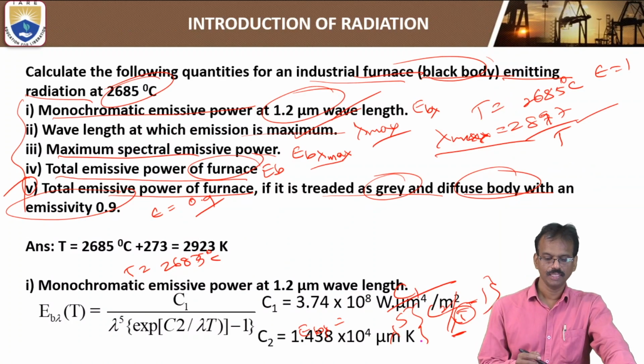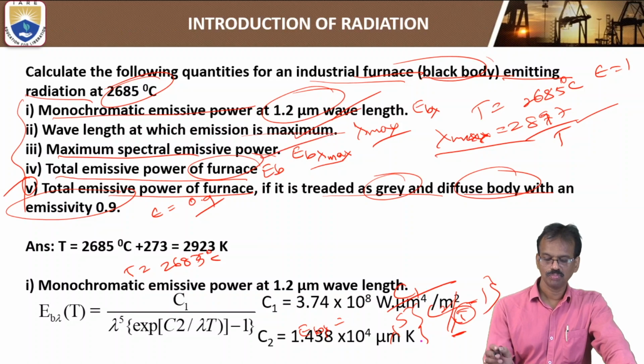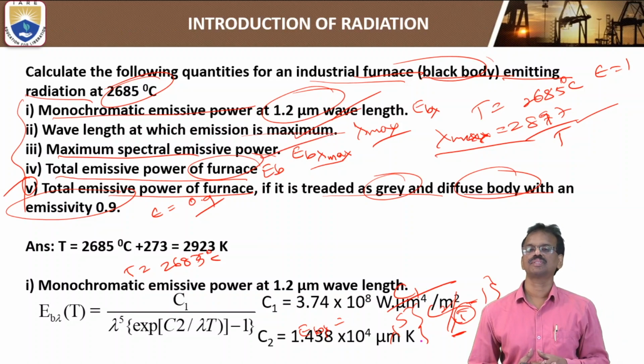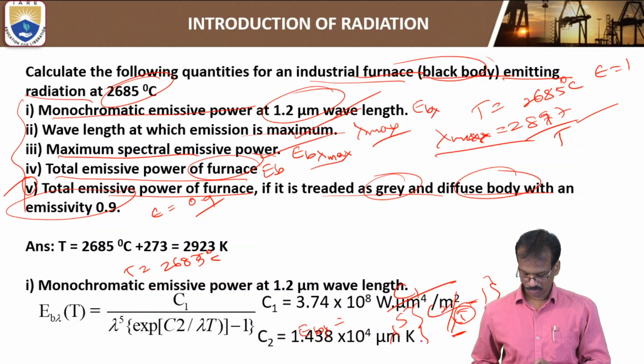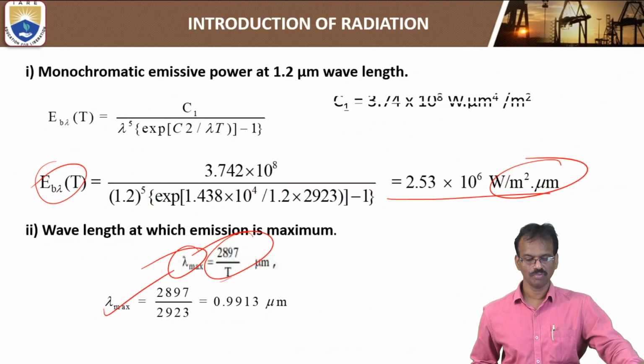Now the third point: maximum spectral emissive power. You know that the spectral emissive power is given by Planck's law, which we already derived. Now you have to find the maximum spectral emissive power.